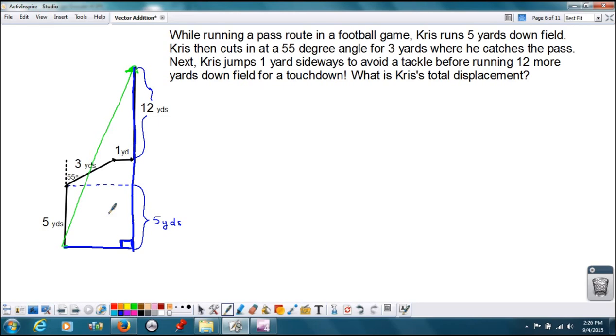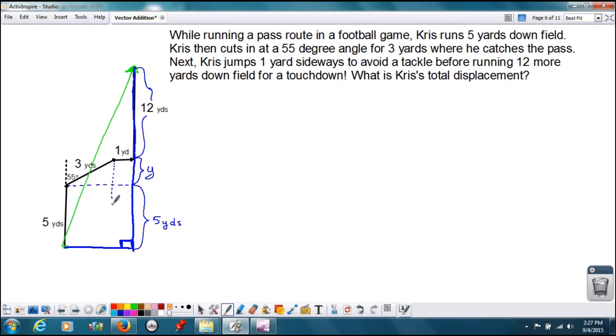Okay, now what I'm missing is this piece right here. I'm going to go ahead and call that y because it's in the y direction. Sometimes you might have to use subscripts if there's more than one missing portion of this, but in this case there's only one, so I'm going to call that y. And then I'm going to look at this side over here. Okay, well, this is exactly horizontal.